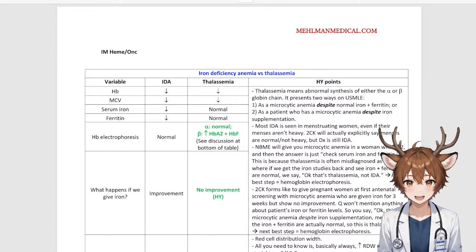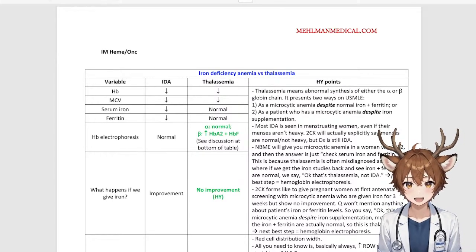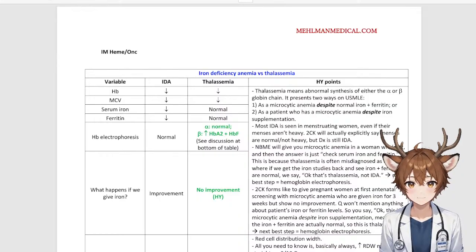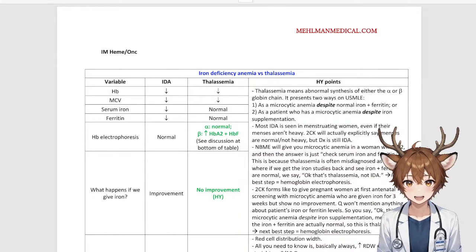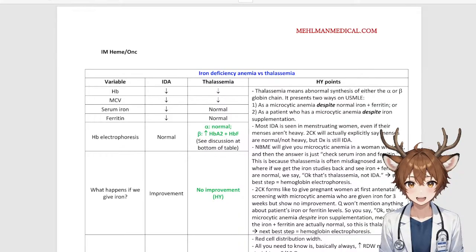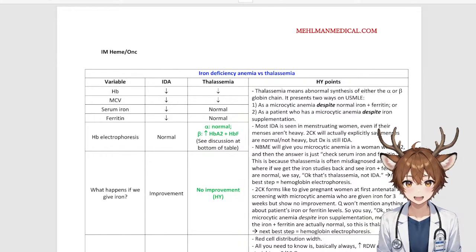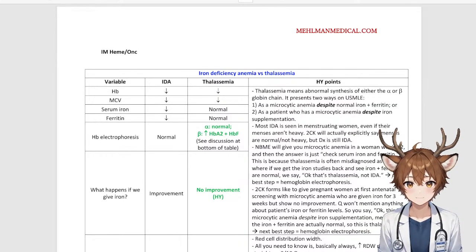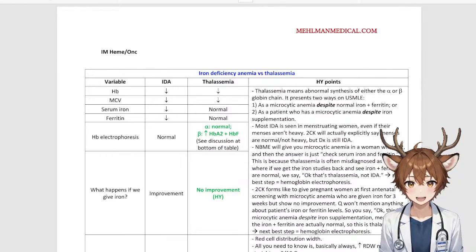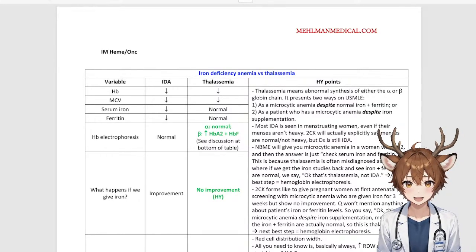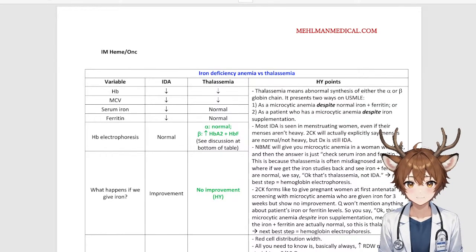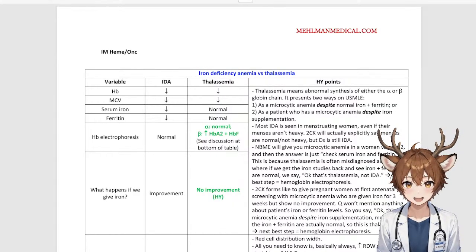Well, in that case, it's going to be normal for iron deficiency anemia, but for thalassemia the alpha will be normal, yes, but the beta will be elevated HbA2 plus HbF. See discussion at bottom of table. Basically, thalassemia is an issue with the actual structure of the hemoglobin, where there's something wrong. In this case, they're talking about the beta subunits being messed up.